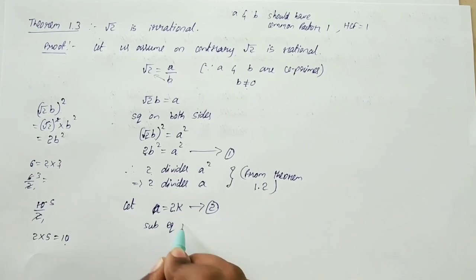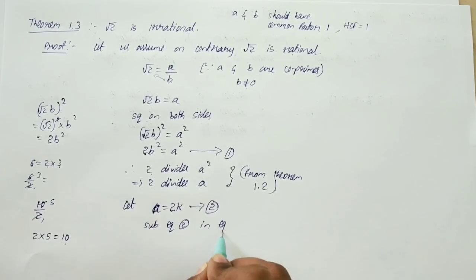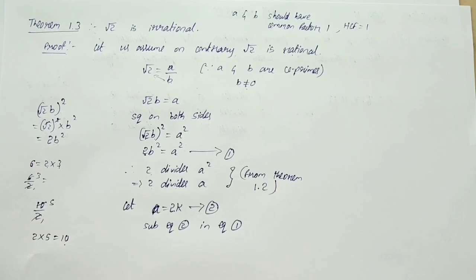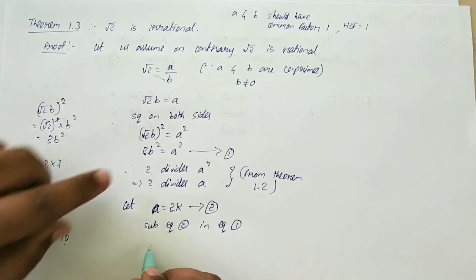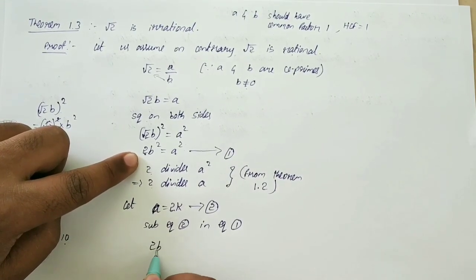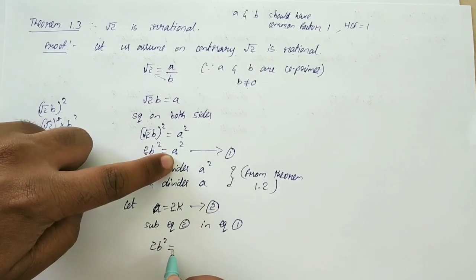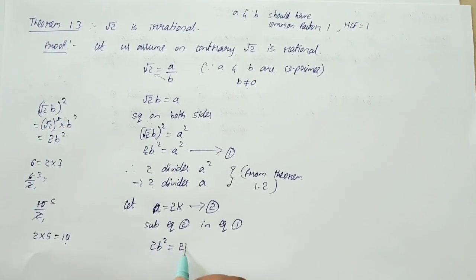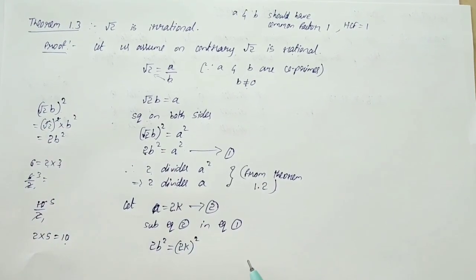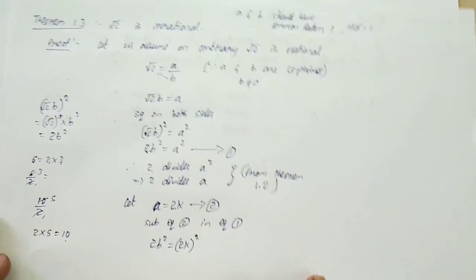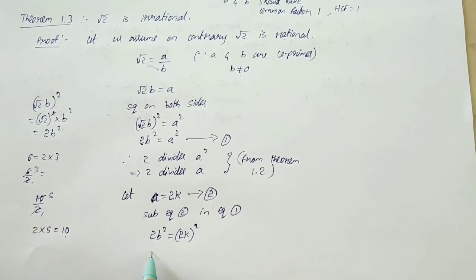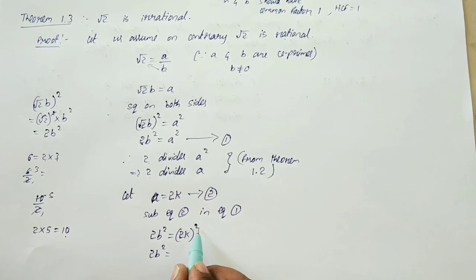Substitute equation 2 in equation 1. So what will it become? Equation 1, 2b square as it is, 2b square is equal to, in place of a we can write (2k) whole square. So square is there, we kept the square as it is. So next, 2b square as it is, (2k) square means this square is for both 2 and k.